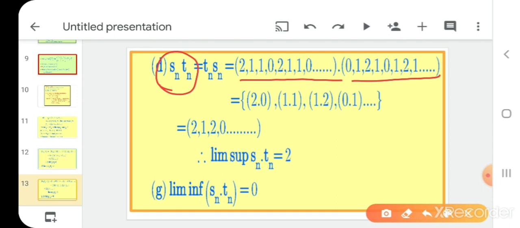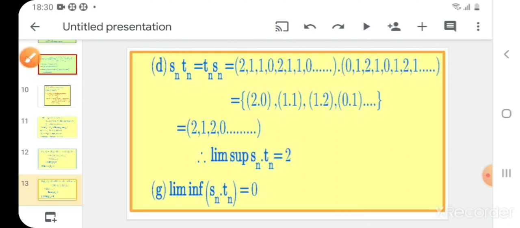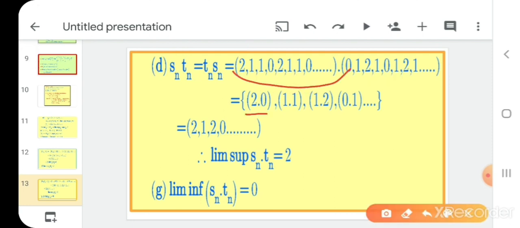How can you multiply? We multiply the first element of Sn with the first element of Tn. What is the first element? 2 into 0. What is the second element? 1 into 1. What is the third element? 1 into 2. What is the fourth element? 0 into 1, like this.